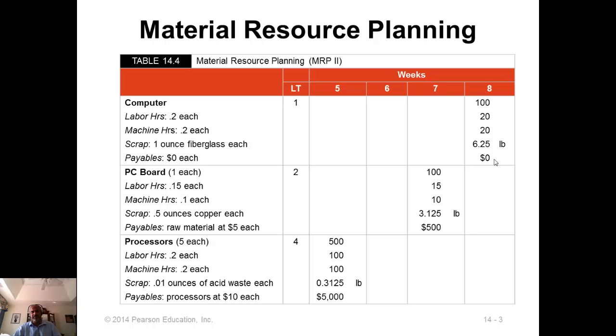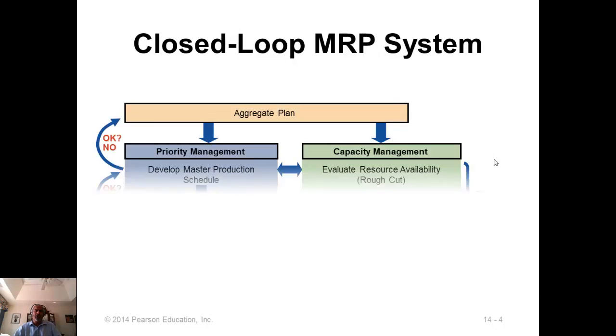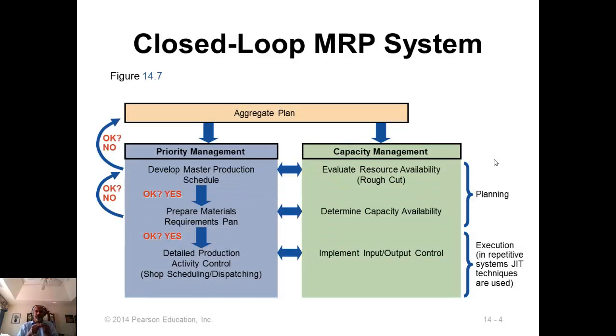Now, closed loop MRP, on the other hand, is to double check whether a given plan is feasible or not as we go through the planning process. So from the aggregate plan, when we make the master production schedule, you evaluate whether capacities are available or not. There are a couple of different ways in which capacity requirements can be calculated.